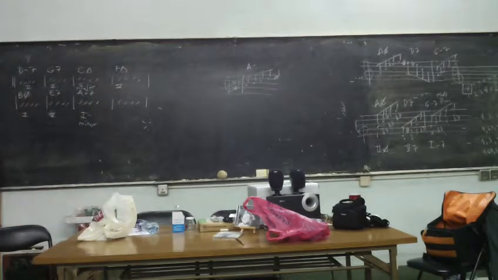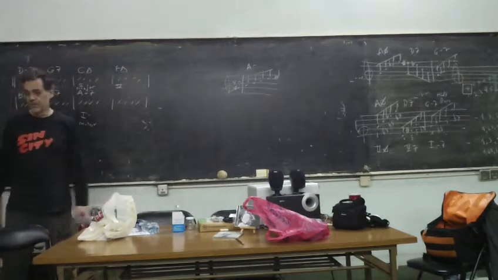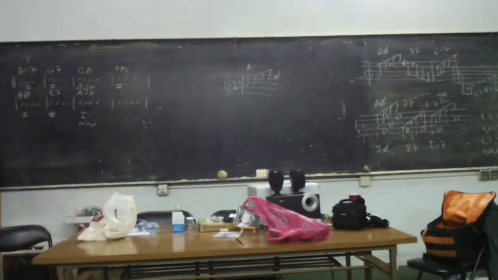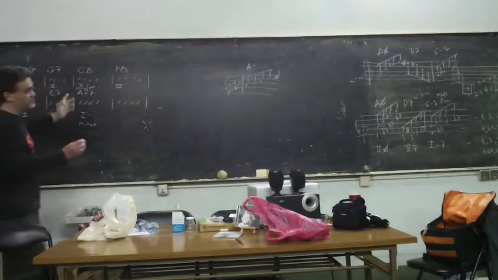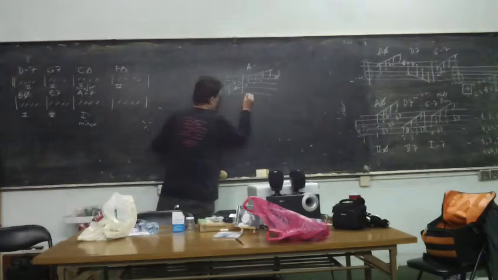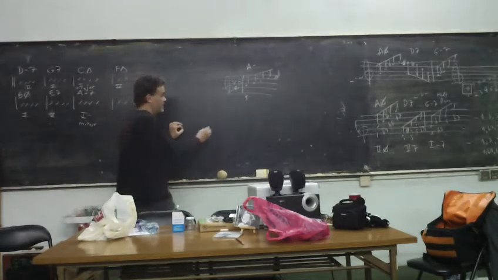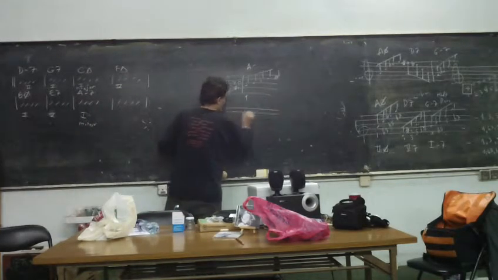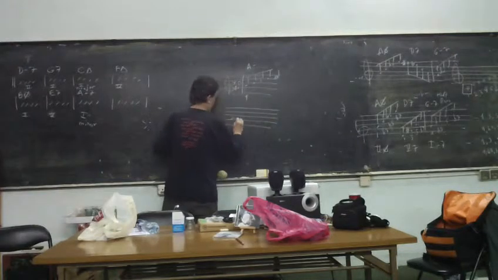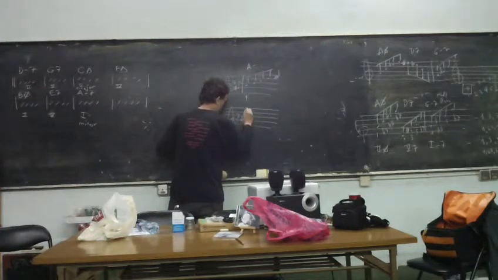Okay? So, the chromatic approach to the one of the scale is very, very popular. The same as the chromatic approach to the one of an arpeggio is very, very popular.